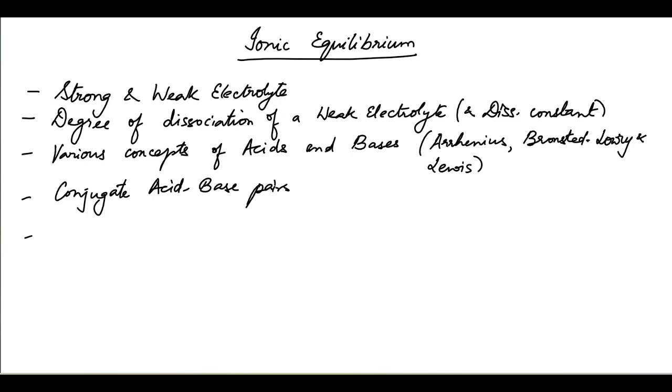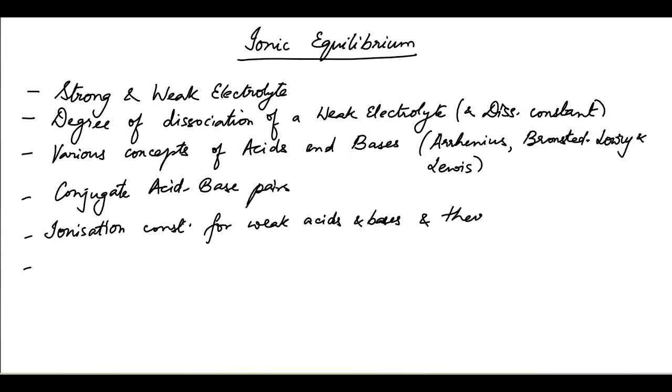Then we will see the expression for the ionization constant of weak acids and weak bases, and we will also see how it is correlated with the strength of acids and bases.